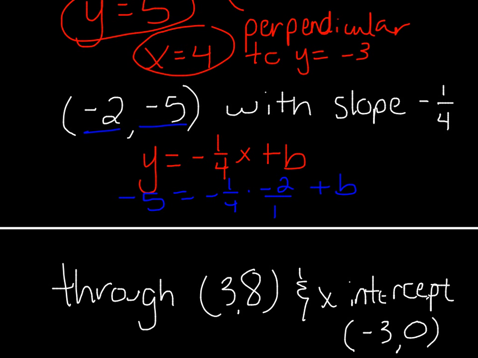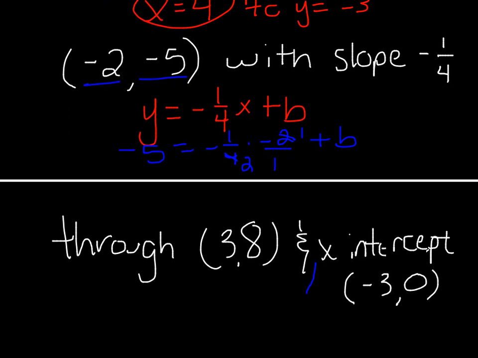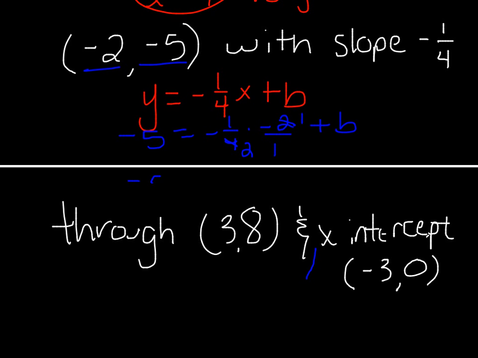So I'll solve this one here. I'm going to cancel, make that 1, make that 2. So it would have negative 5 equals, and this becomes negative 1 over 2 times negative 1 over 1. So it now becomes 1/2 positive plus b.